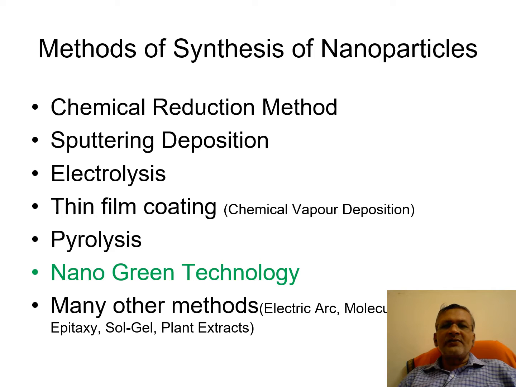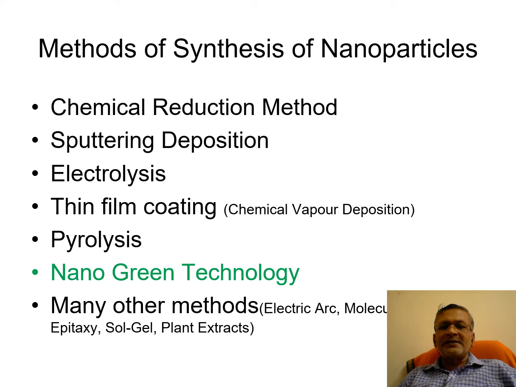Methods of synthesis of nanoparticles. Nanoparticles can be synthesized by many methods. The most commonly used is the chemical reduction method, then the sputtering deposition method, electrolysis, the thin film coating method called chemical vapor deposition, pyrolysis, and the latest, green nanotechnology.